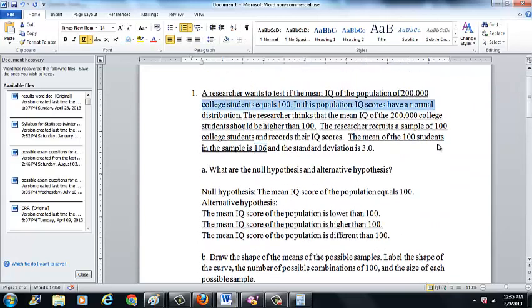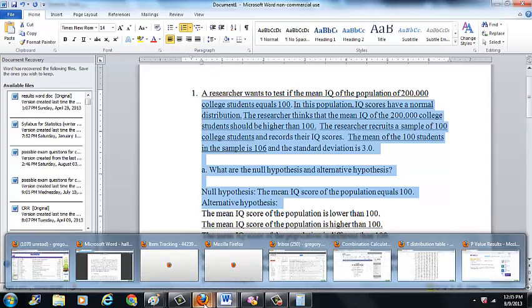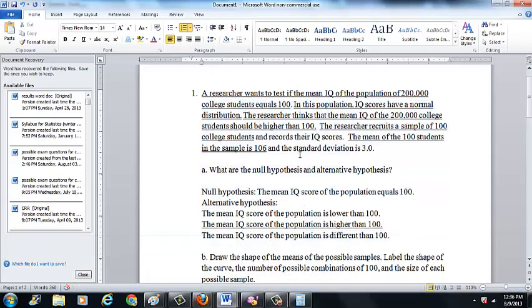What I also will have you do for this question is, well, first I wanted to say, if this sample mean didn't come out above 100, we would have a problem, because we're hoping to show evidence that the mean IQ is higher than 100.